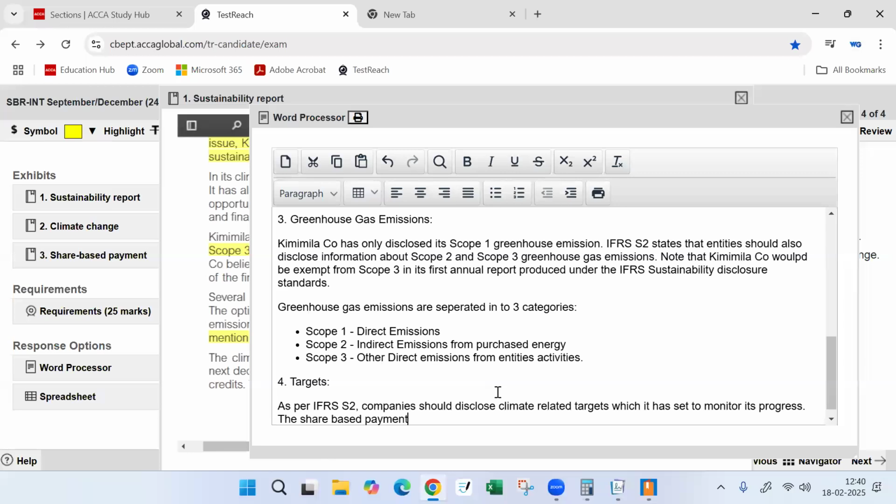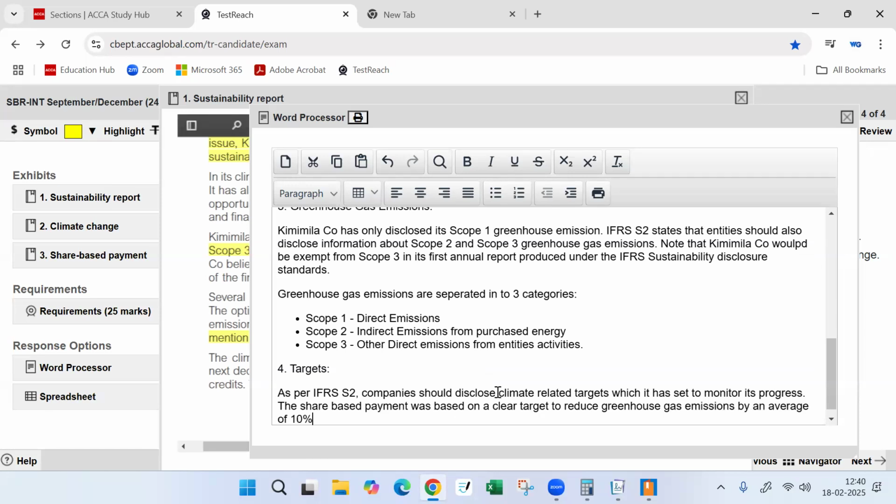The share-based payment was based on a clear target to reduce greenhouse gas emissions by an average of 10% per year.